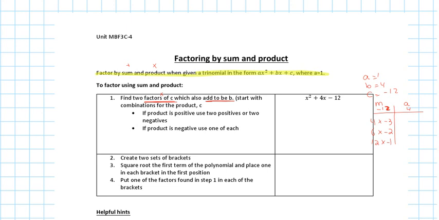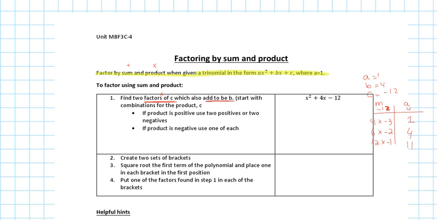That's it. Okay, now let's see what they add to. What's 4 plus negative 3? 1. What's 6 plus negative 2? 4. What's 12 plus negative 1? 11.